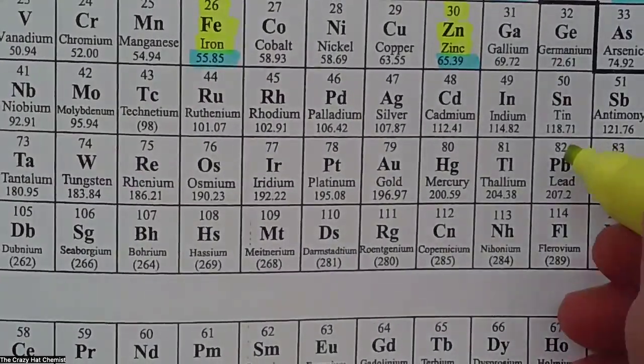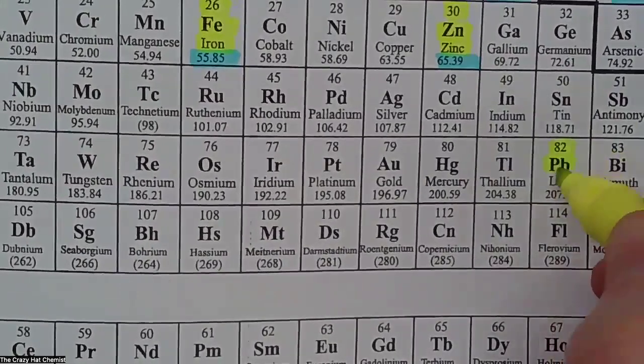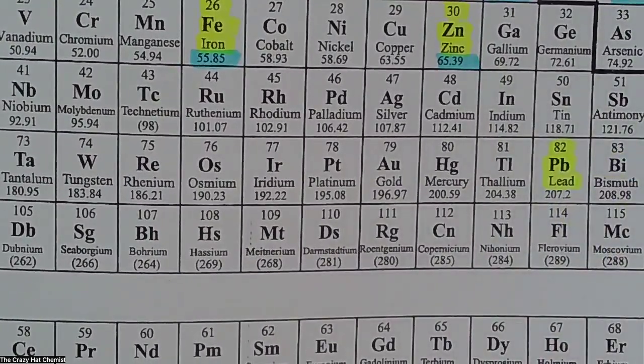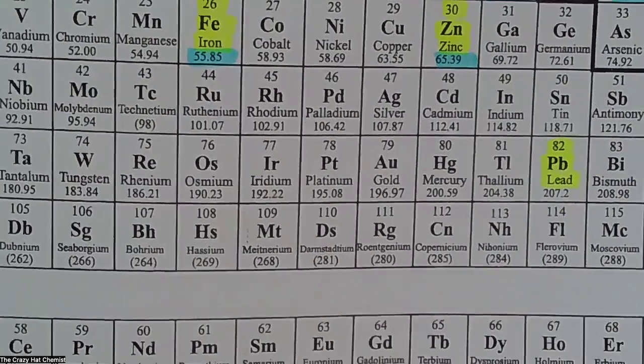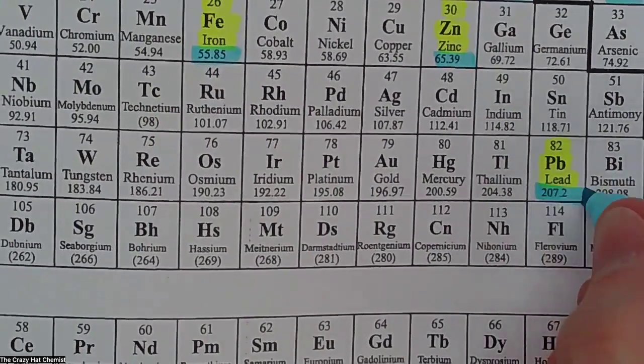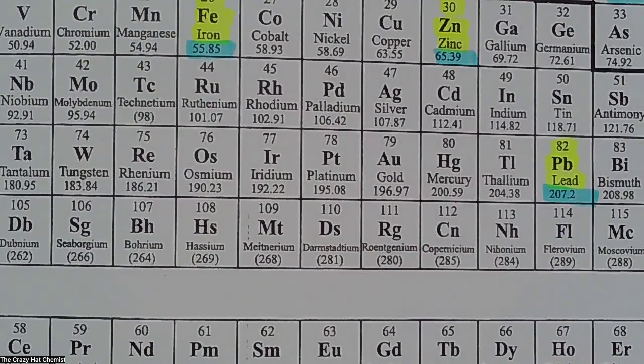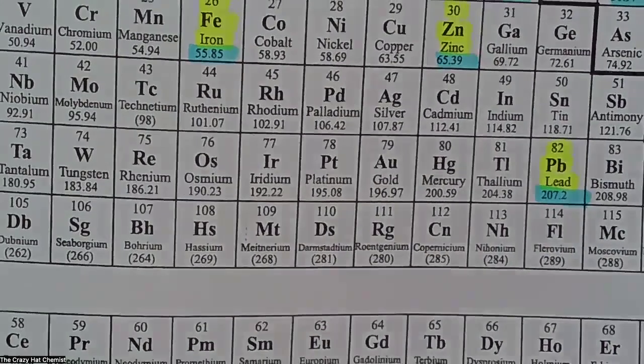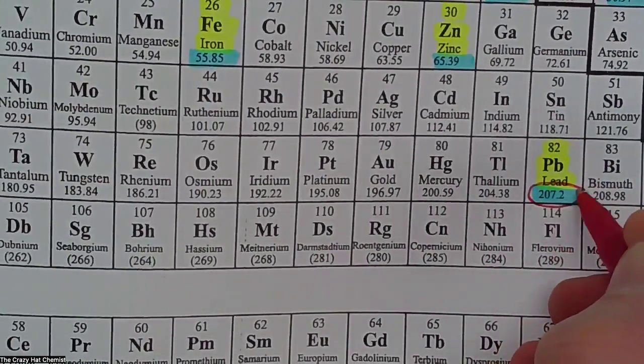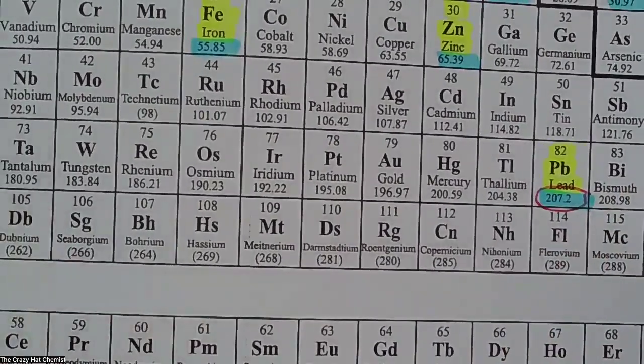That's Pb for lead, and the molar mass for lead is 207.2. I want you to notice something here. And I'm going to just circle this in red. 207.2. This is very unusual here.